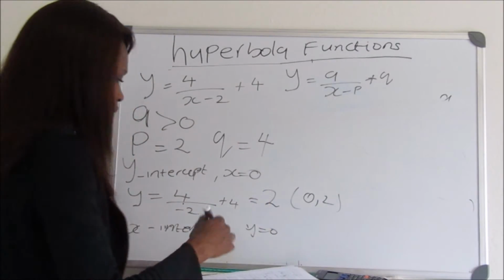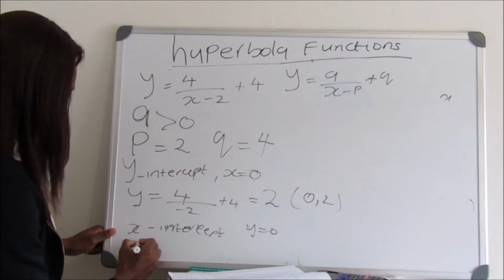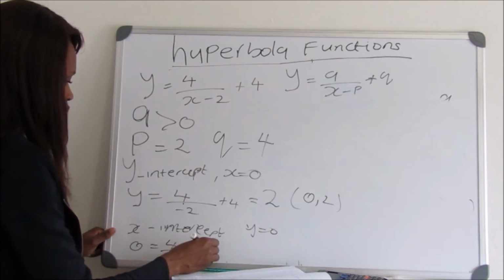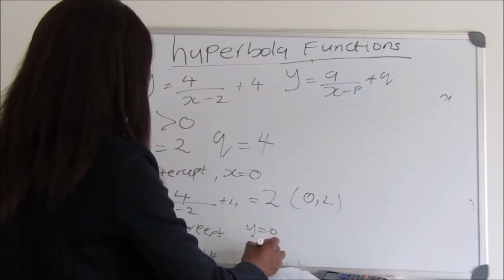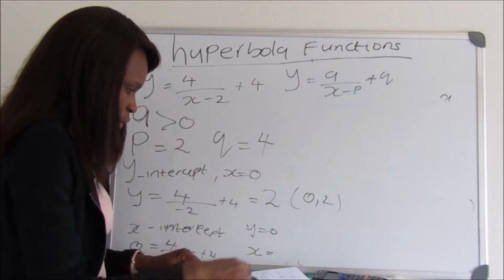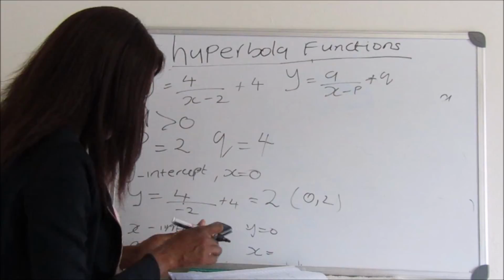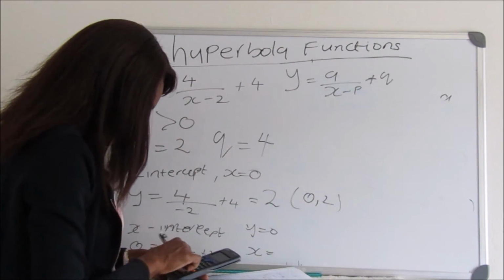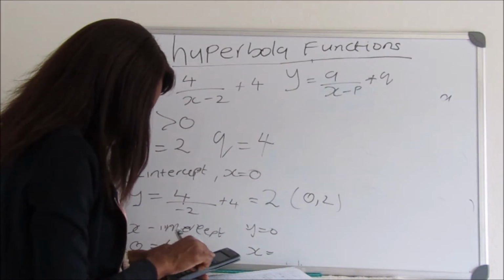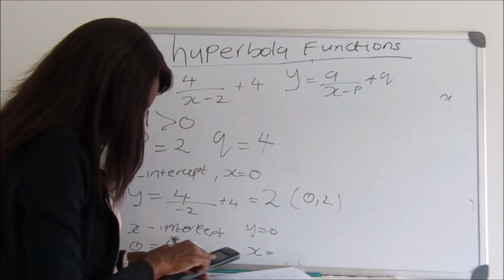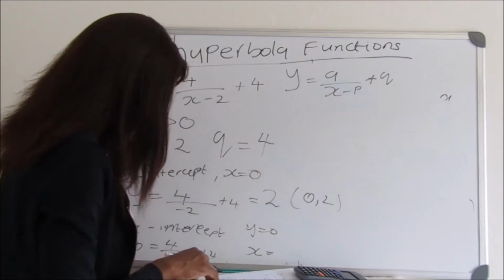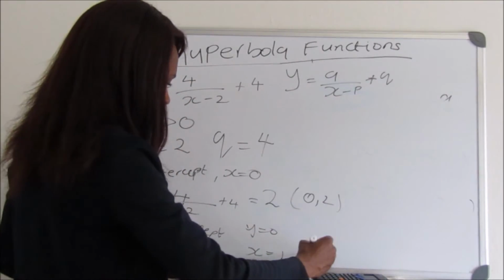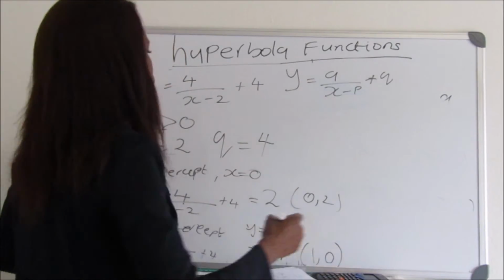It will be 0 equals 4 divided by x minus 2, plus 4, of which we will get x equals, let me just do a quick calculation, x equals 1. Then that means the point that we'll have is (1, 0).